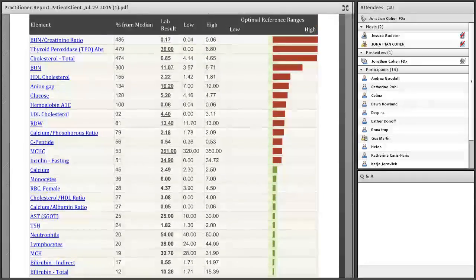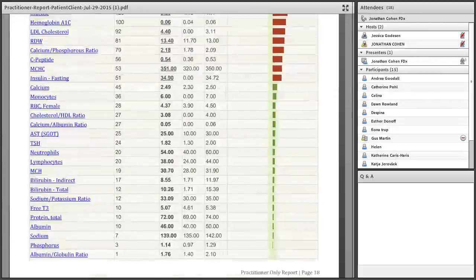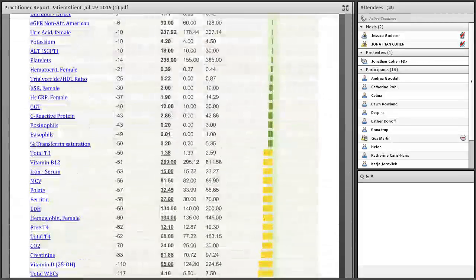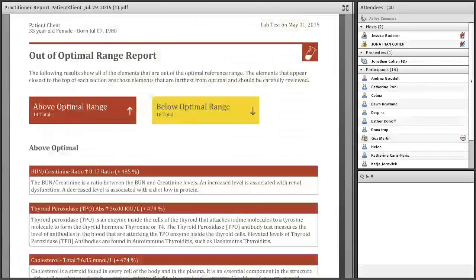So we went from BUN creatinine, which are 485 percentage deviation points from the medium, down to MCHC, mean corpuscular hemoglobin concentration, which is only 53%, down to, this is a long report, down to white blood cells, which are the largest deviation.